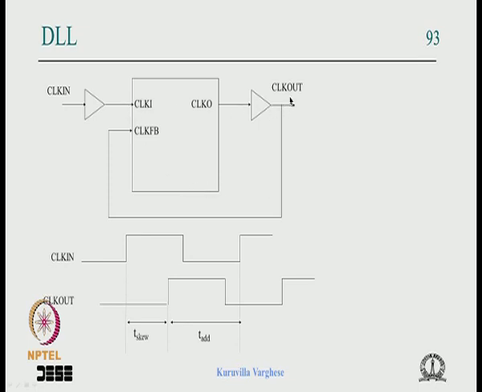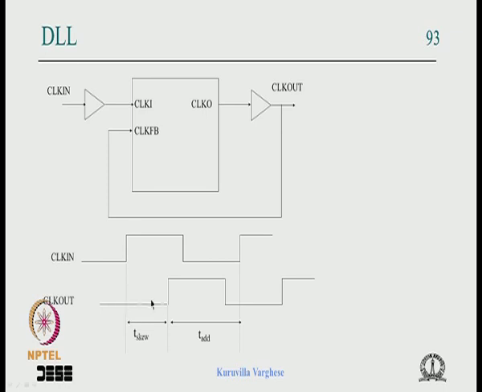Suppose you have a clock tree which is getting loaded, and because of the loading the clock is delayed and there is a skew between the input clock and the output clock. Then the DLL can avoid that, because from the output there is a feedback to the input.